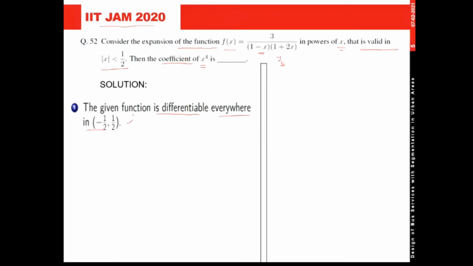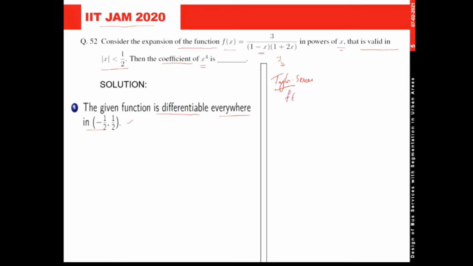So this is differentiable everywhere, and the derivatives of all orders exist. So that means you can write it as a Taylor series or Maclaurin series. So Taylor series, you know what the Taylor series of f of x is.